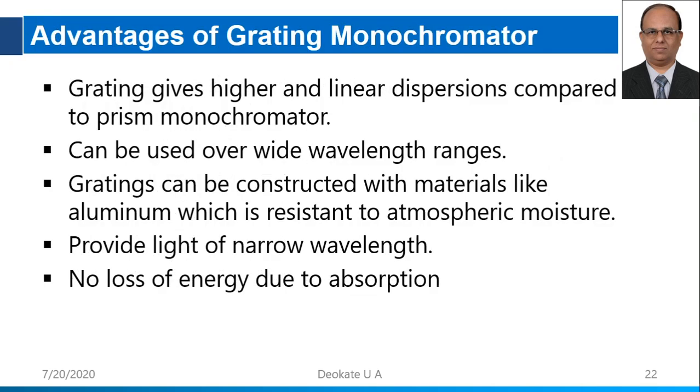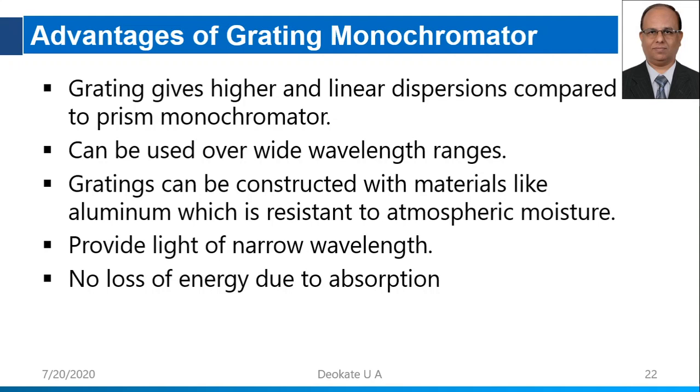Advantages of the grating monochromator: a grating gives higher and linear dispersion compared to a prism monochromator, and can be used over a wide wavelength range. Gratings can be constructed to resist atmospheric moisture. We can coat with epoxy resin and prevent them from atmospheric moisture. They provide light of narrow wavelength.